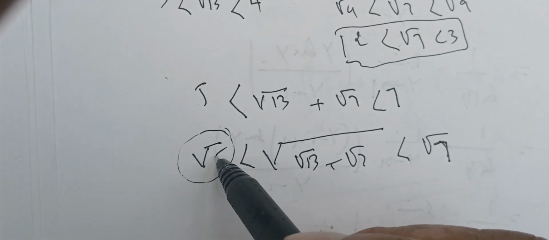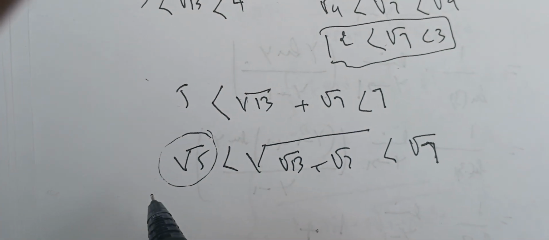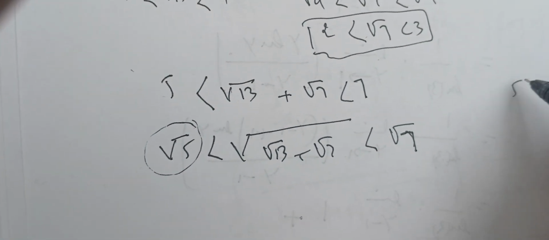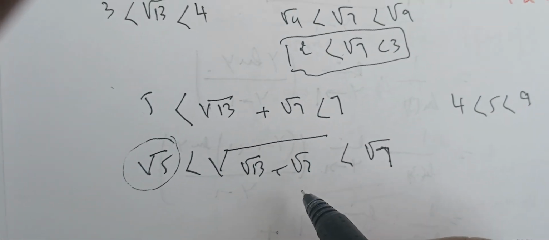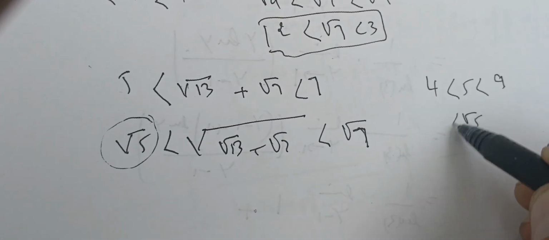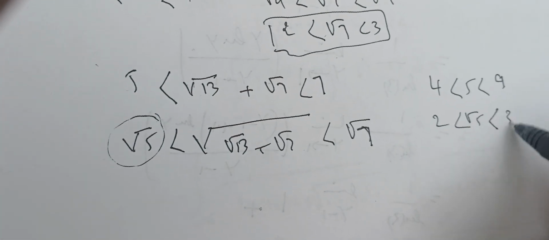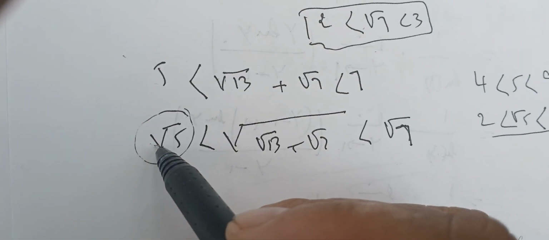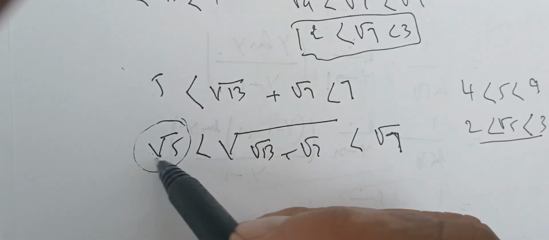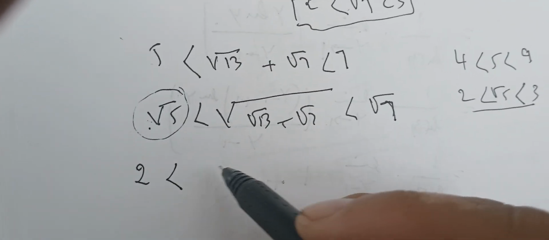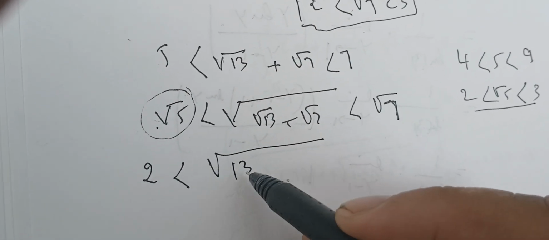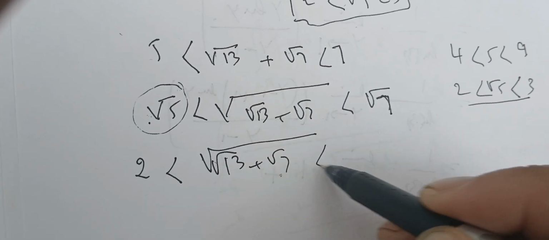To find an integer here, we can do the same thing for the square root of 5. 5 is between 4 and 9, so the square root of 5 is between 2 and 3. Therefore the integer that's less than this one is 2, so 2 is less than the square root of 13 plus the square root of 7.